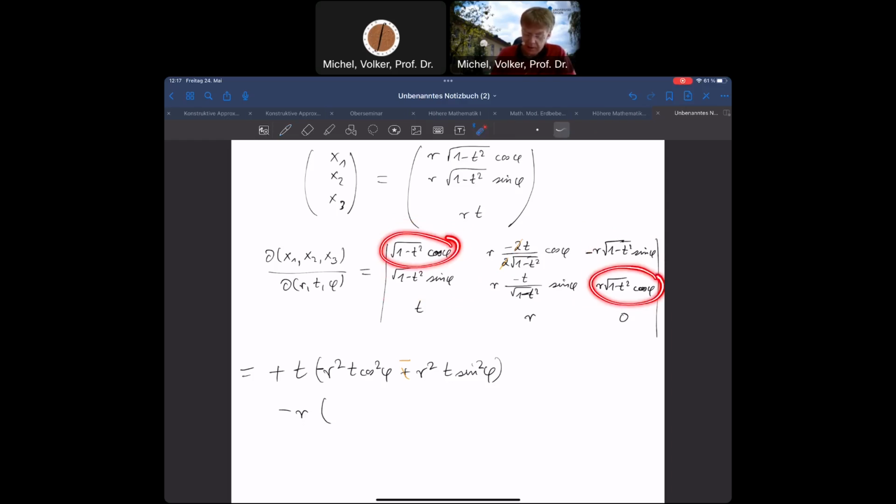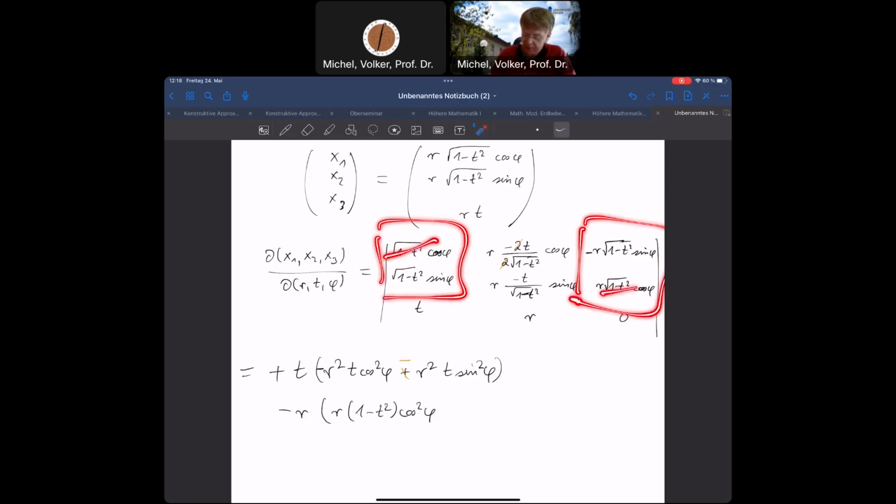So it gives me an r. It gives me the square of the square root. So it's an r times 1 minus t square and a cosine square phi. So once again, we're here and here. We've done this with that.